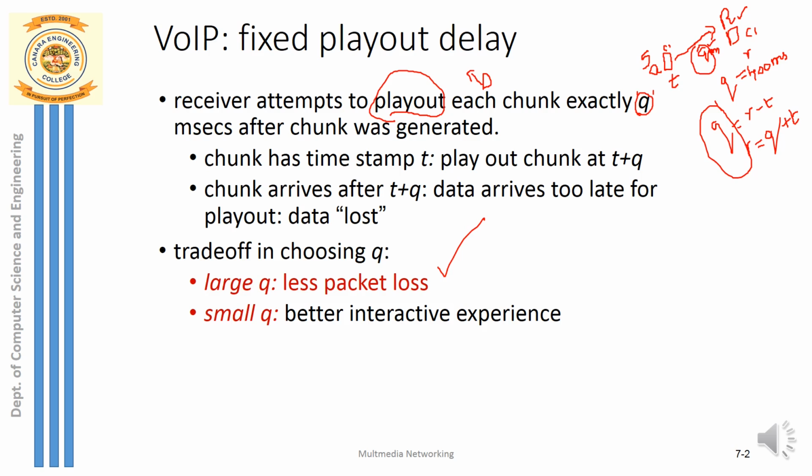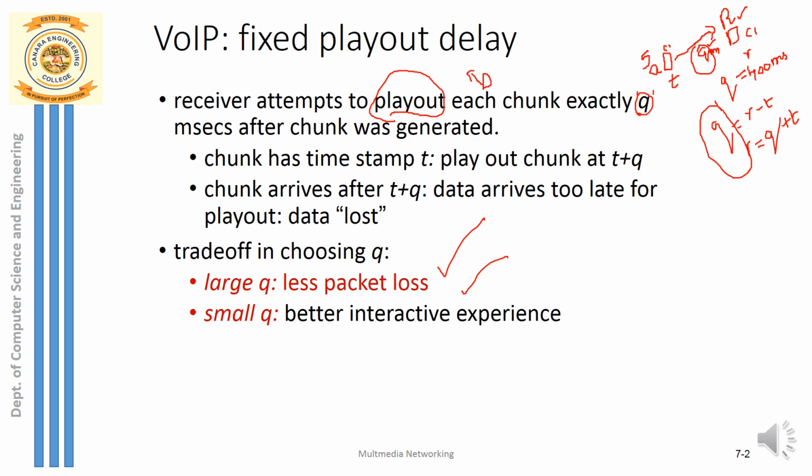What if the value of Q is too large? What is the meaning of Q? It is nothing but the delay, and if the Q value is too large, definitely there are fewer chances of packets getting lost. What is the meaning of that?